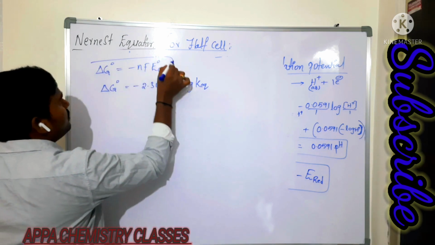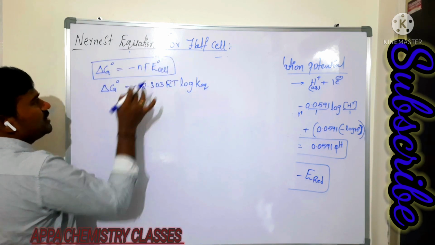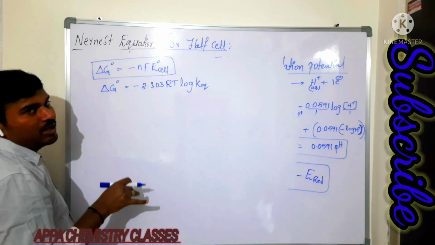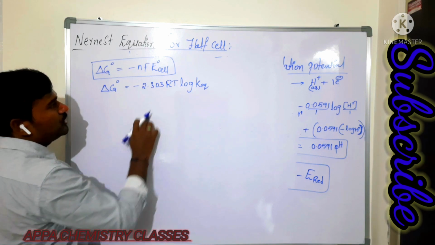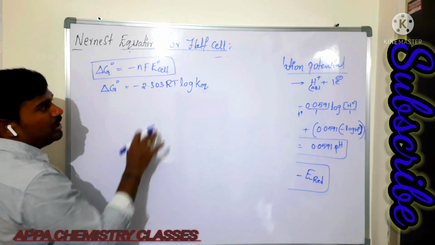So this is the relation between Gibbs free energy and standard electrode potential that we had seen. So standard Gibbs free energy is equal to minus 2.303 RT log of K equilibrium.